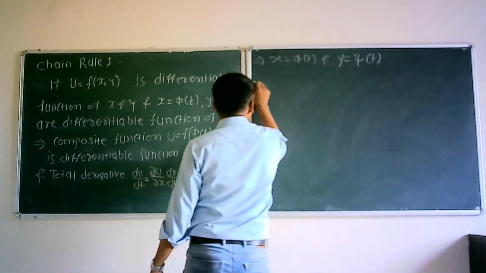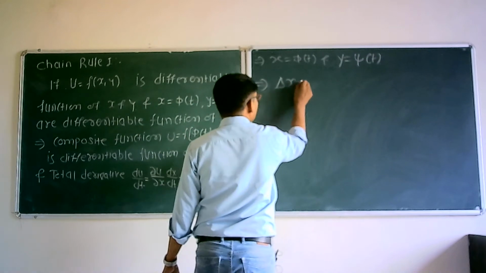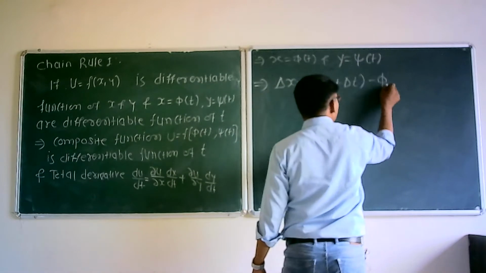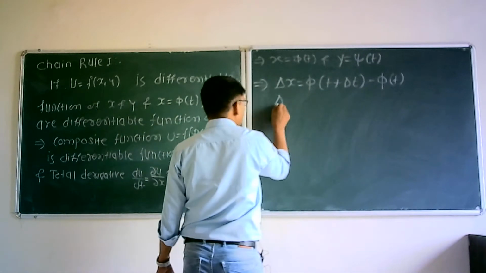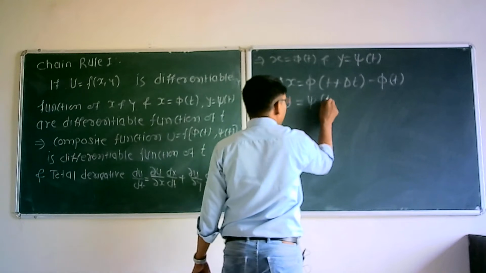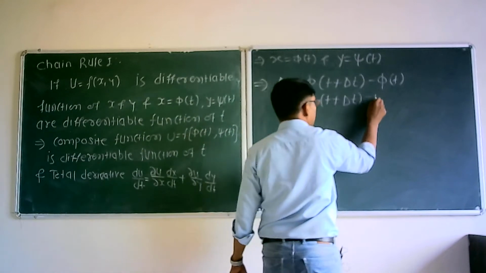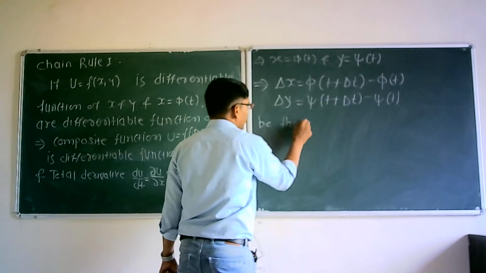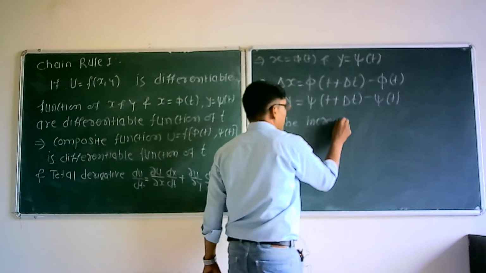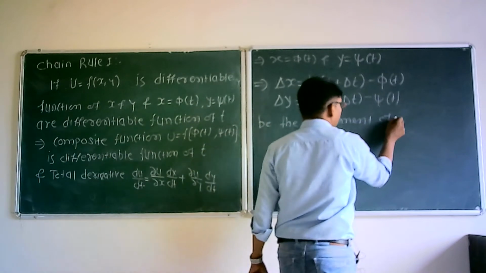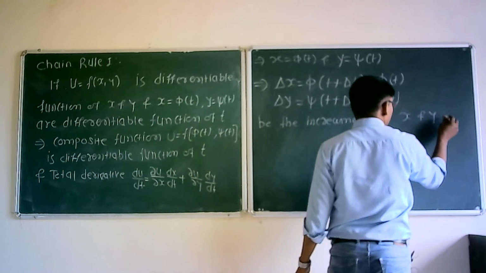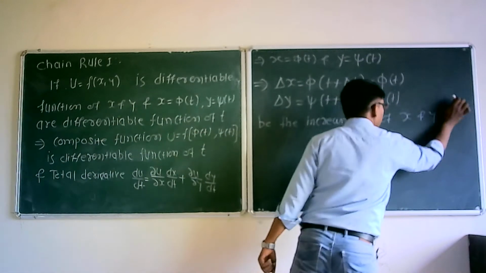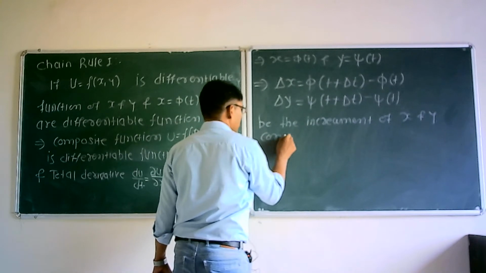This implies delta x is equal to phi of t plus delta t minus phi of t, and delta y is equal to psi of t plus delta t minus psi of t.